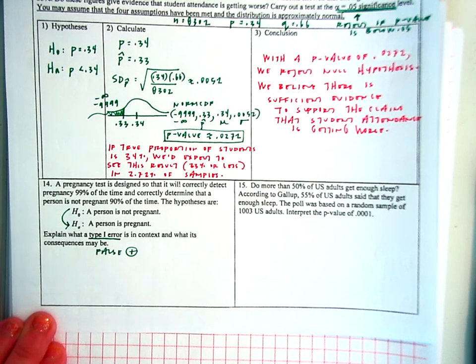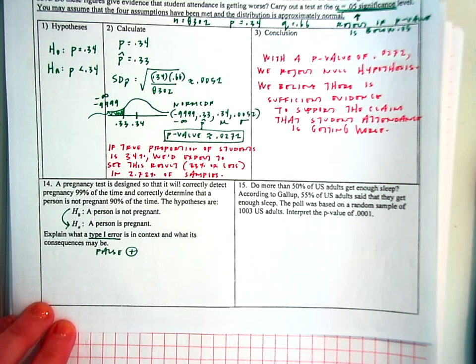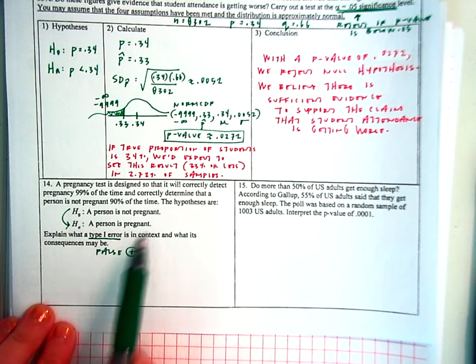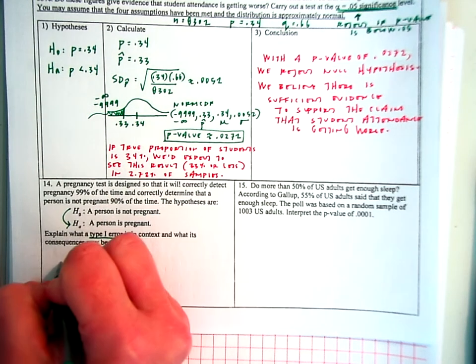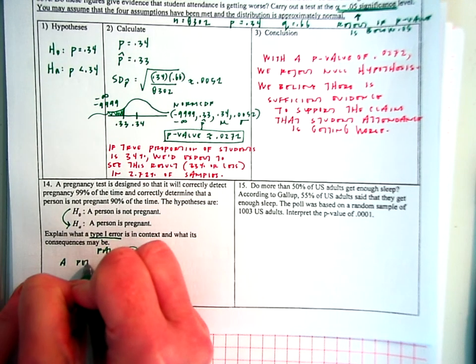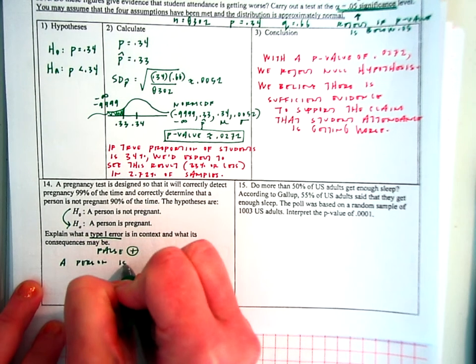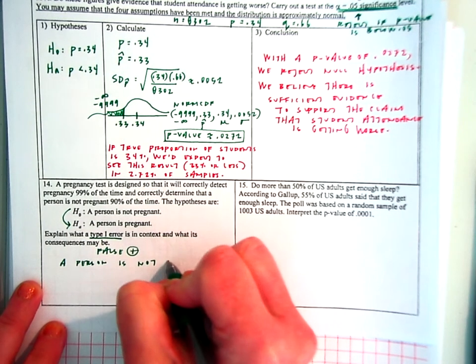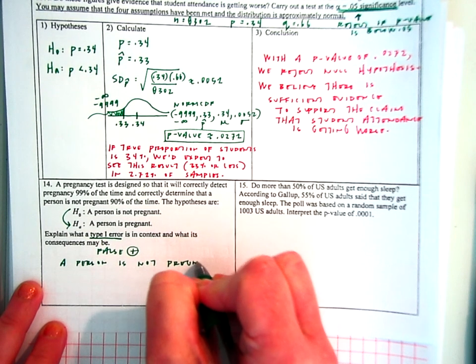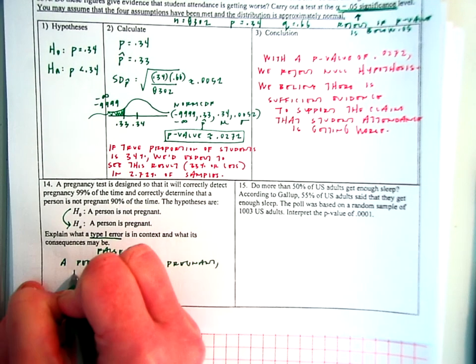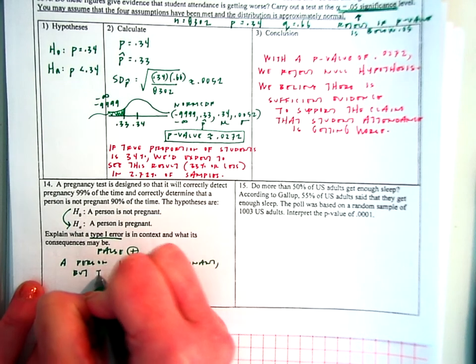Okay, so our false positive would be, in reality, a person is not pregnant, but the test says that she is.